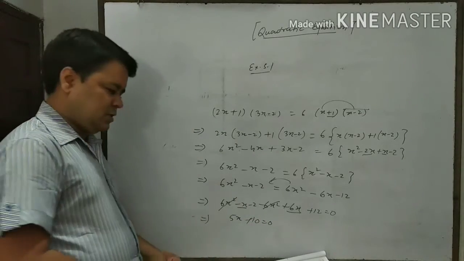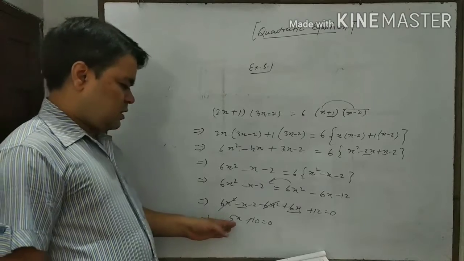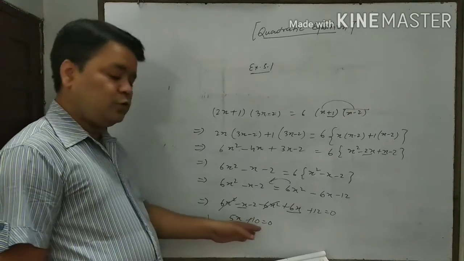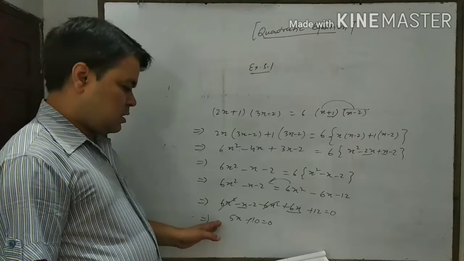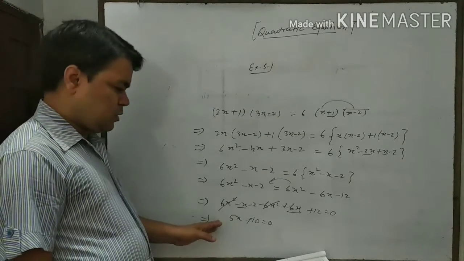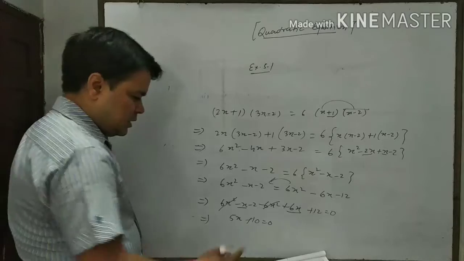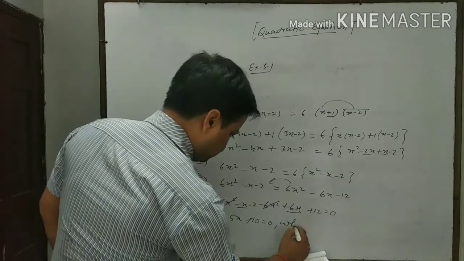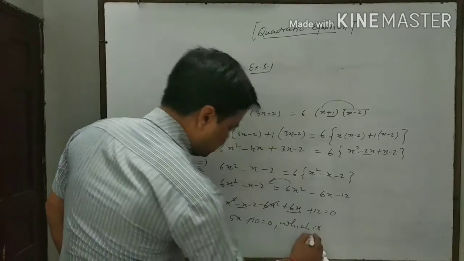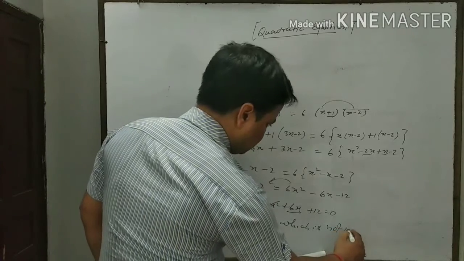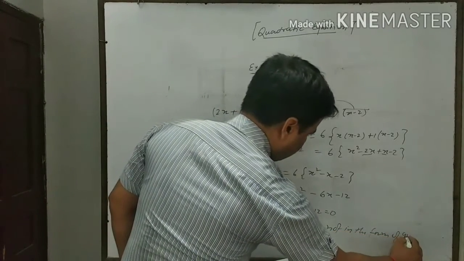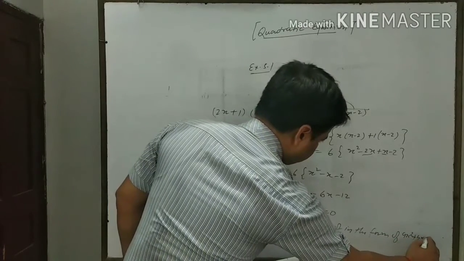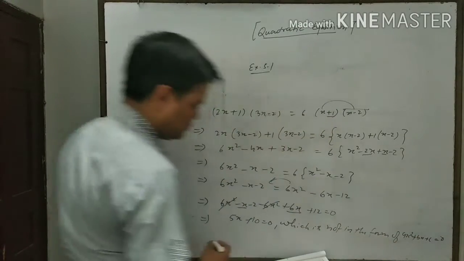Now very easily, we do not have any term or any variable of x whose power is 2. Means this is not in the form of ax square plus bx plus c is equal to 0.